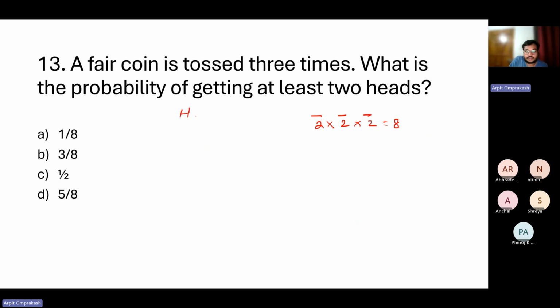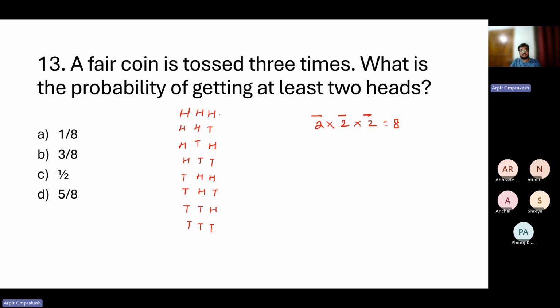So we can have heads, heads, heads; heads, heads, tail; heads, tail, heads; heads, tail, tail; and then again tail, heads, heads; tail, heads, tail; tail, tail, heads; and tail, tail, tail. So this is our sample space. These are all the combinations. Now we'll just count out the combinations in which we are getting at least 2 heads.